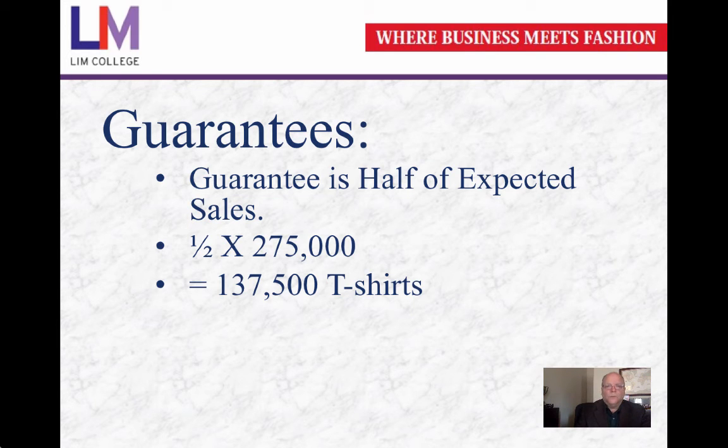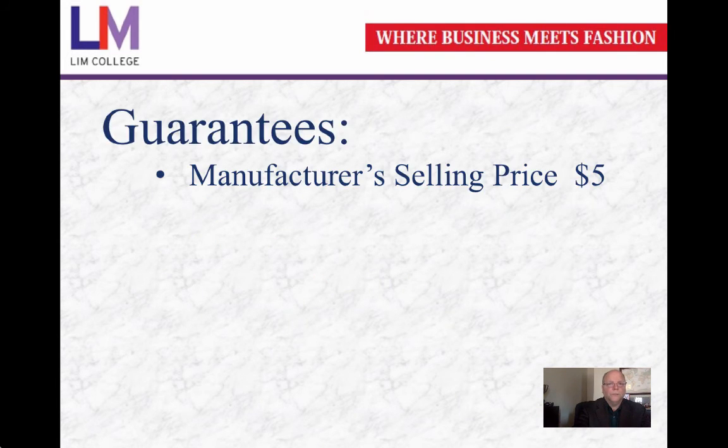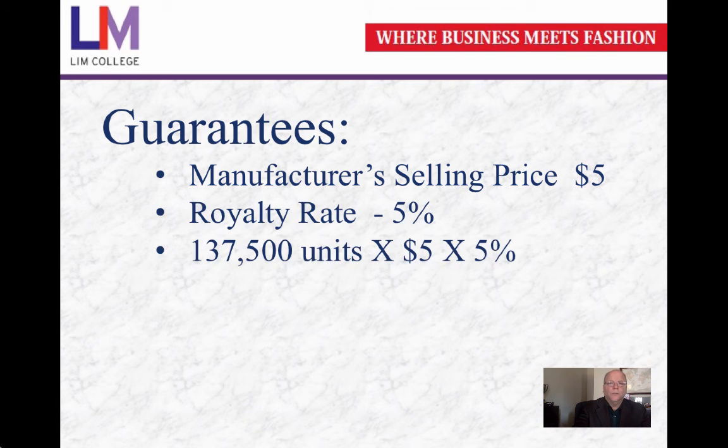Guarantees are based on half of that expected sales, which is 137,500. $5 manufacturer selling price, 5% royalty rate: 137,500 times 5 times 5%. The guarantee is $34,375. Questions? Good.